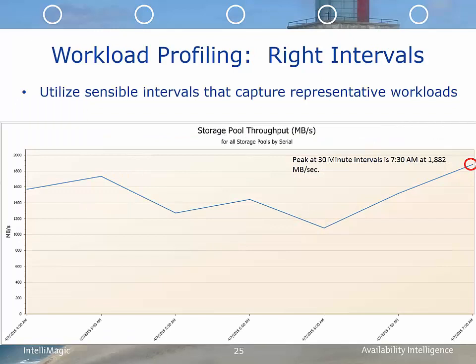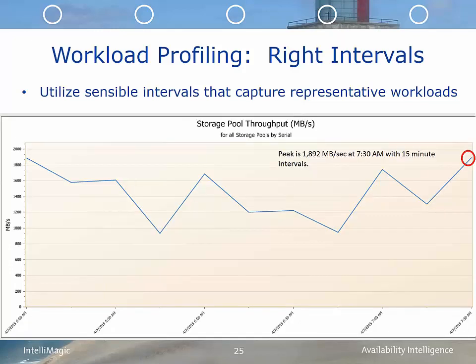When collecting data, it's important to make sure you have data at the right intervals. That means utilize sensible intervals that capture representative workloads. In this example, we have storage pool throughput where it peaks at 7:30 when we use 30-minute intervals. The peak throughput at 7:30 is 1,882 megabytes per second.